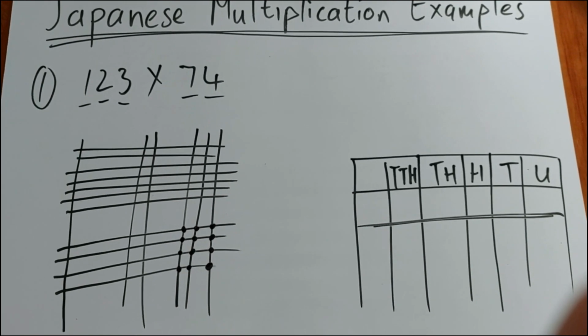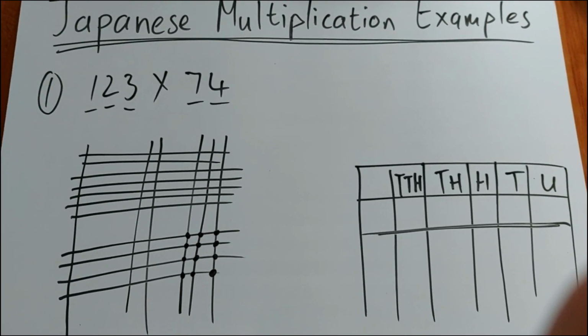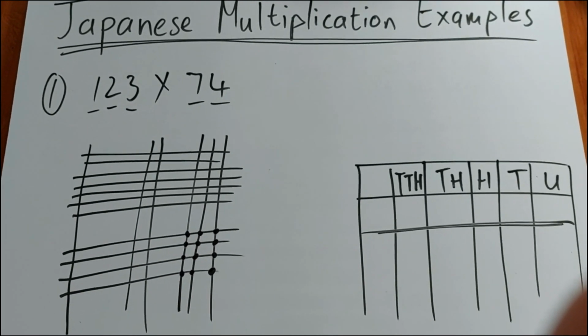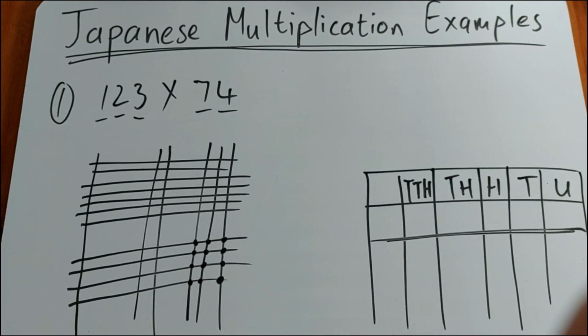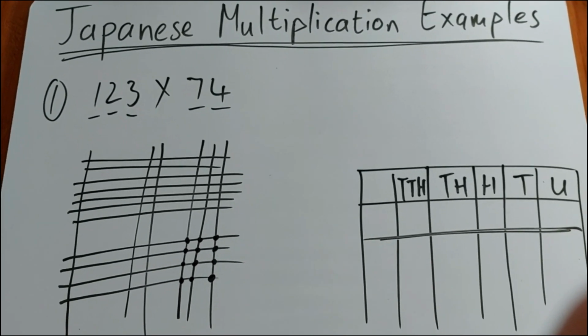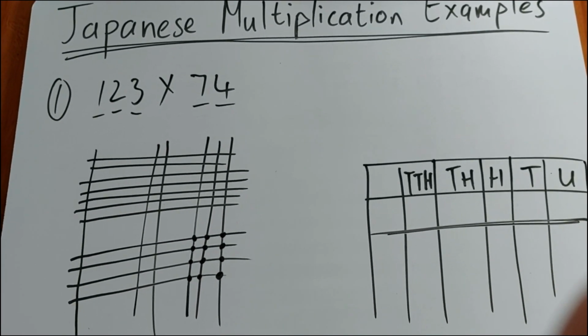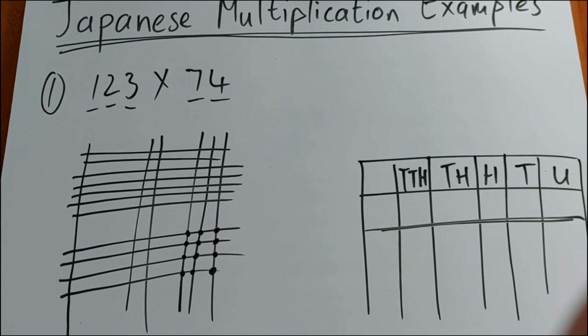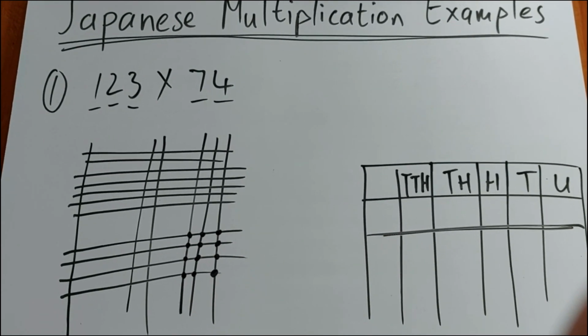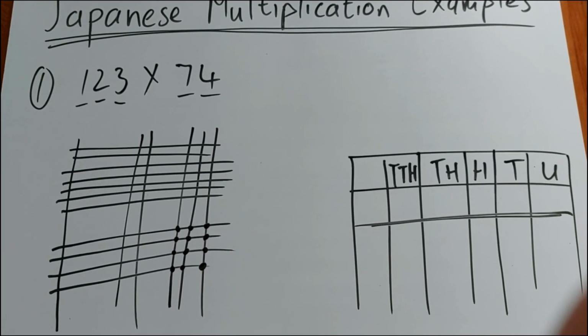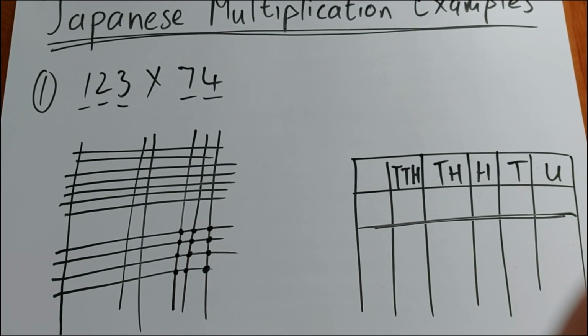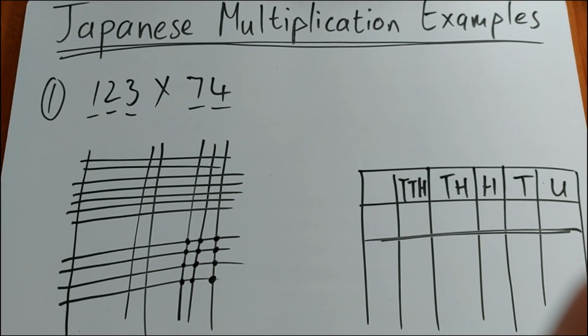Please refer back to the previous video. I'll try and post the link to that video along with this video. I don't want to repeat myself here because I want to do a few examples so you guys can get used to doing the Japanese multiplication method properly.